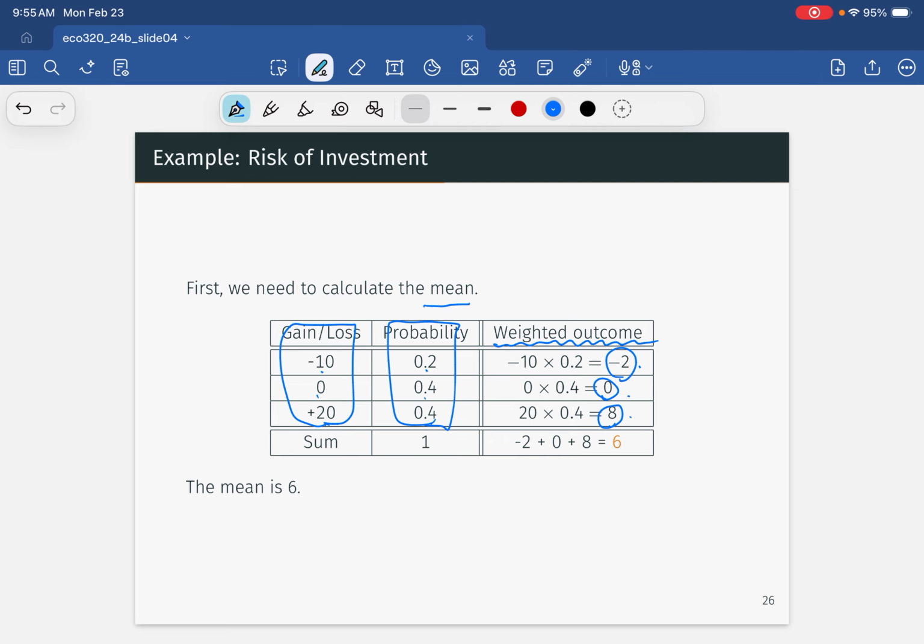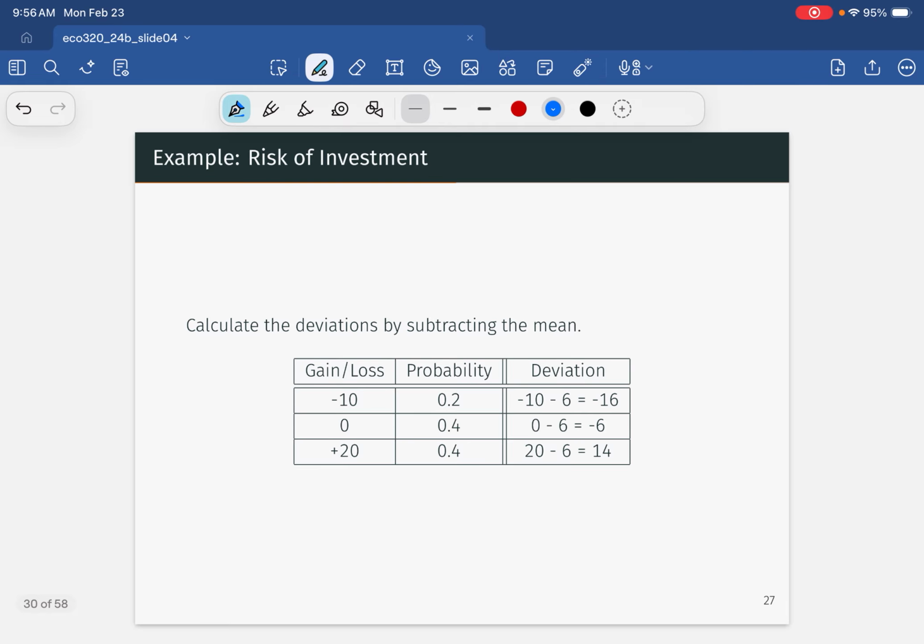So the sum of these three probability weighted outcomes equals 6. So the mean is 6. The expected return from this investment is $6, simply speaking, or you can think of it as 6% or whatever.